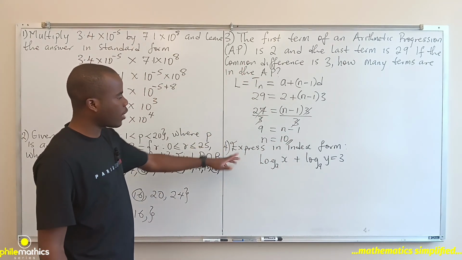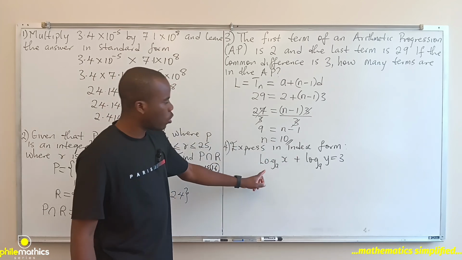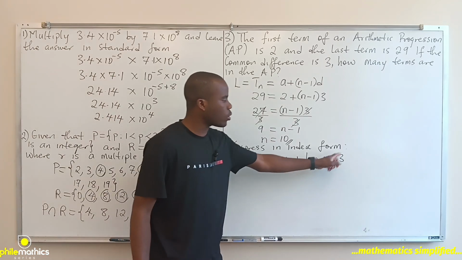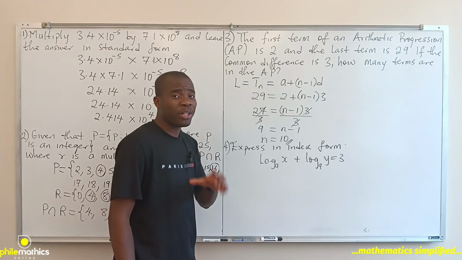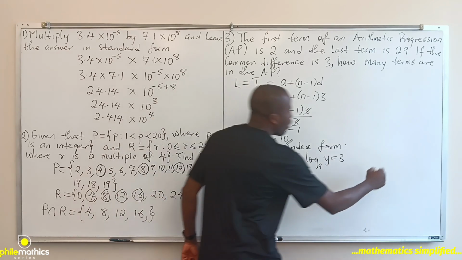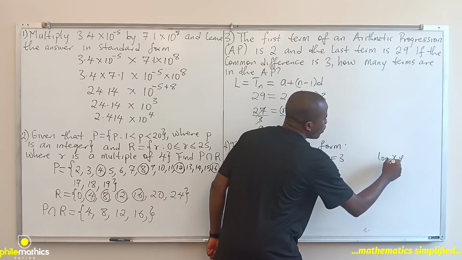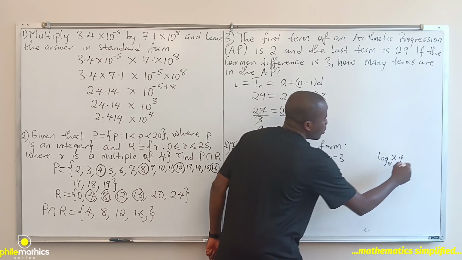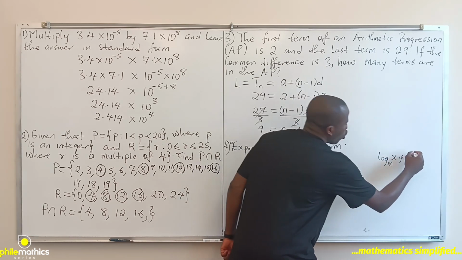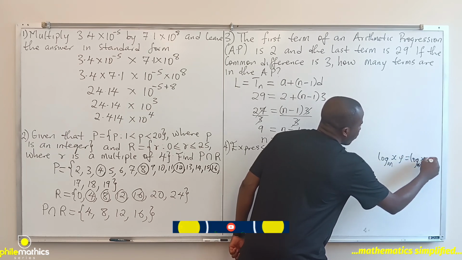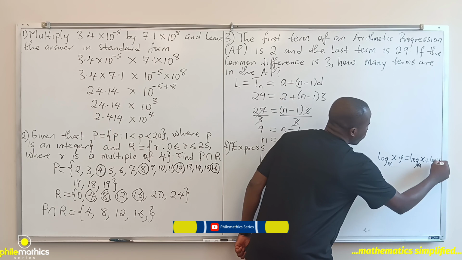Question 4 says, express in index form log x to base a plus log y to base a equals 3. Remember from the laws of logarithm, if we have log xy to base m, this is the same as the log of x to base m plus log of y to base m.